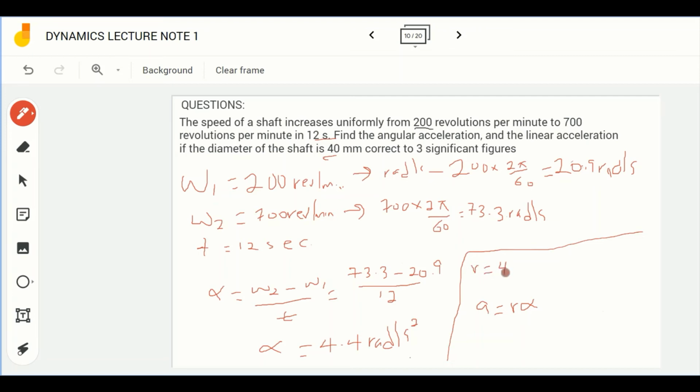That gives us 20 millimeters. Okay, we can convert these to meters. We have 20 over 1,000. That gives us 0.02 meters.